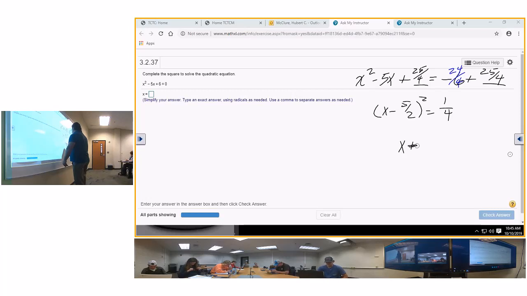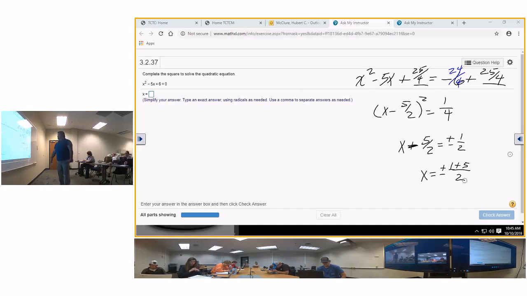x minus 5 halves equals plus or minus 1/2, and then x is equal to 5 halves plus or minus 1/2. Somebody check that for me. What's 1 plus 5? 6, that'll be a 3.